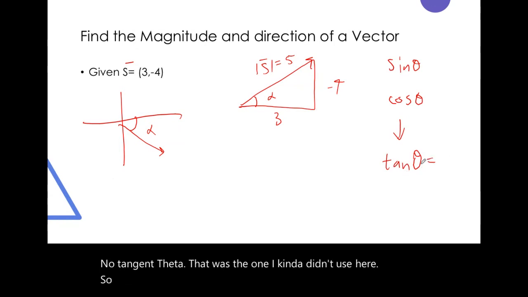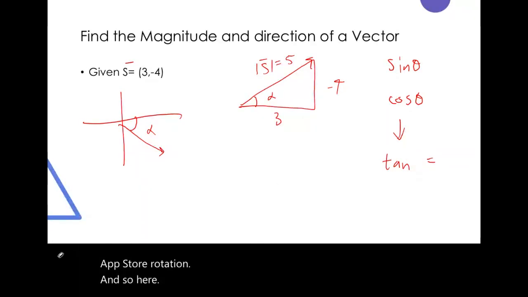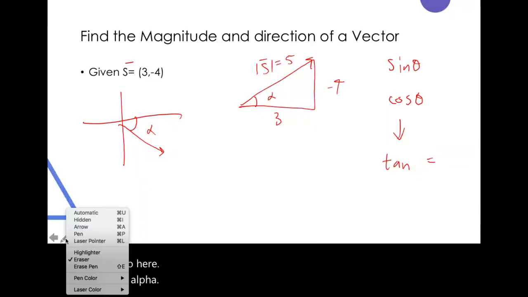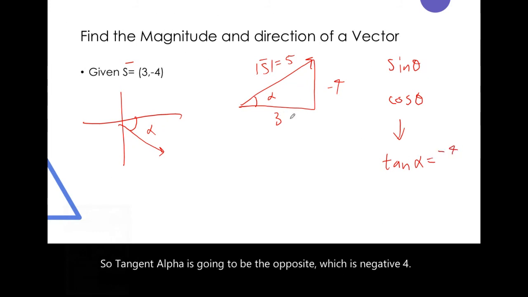So tangent theta, which is TOA, is opposite over adjacent. And so here, there's an alpha. So tangent alpha is going to be the opposite, which is -4, over the adjacent, which is 3.